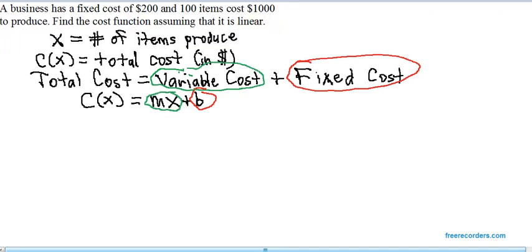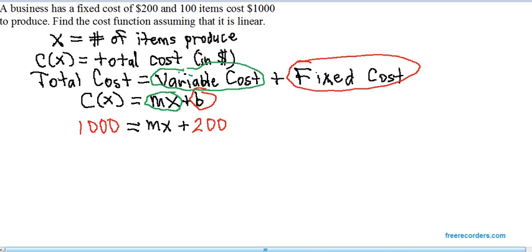So notice in this problem, it tells us that the fixed cost is $200. So they're telling us what b is. The fixed cost is 200. And they're also telling us that the total cost, which is c of x, is equal to $1,000 when 100 items are produced.